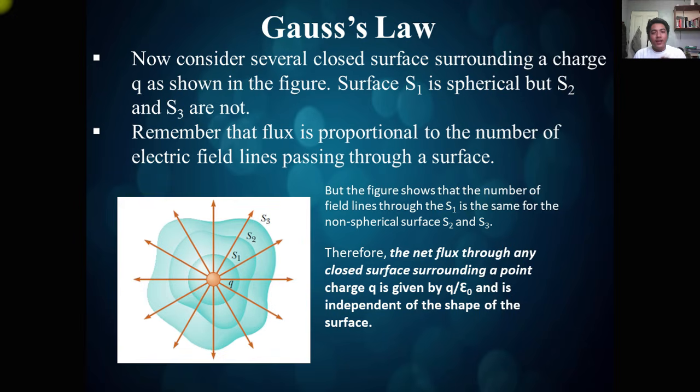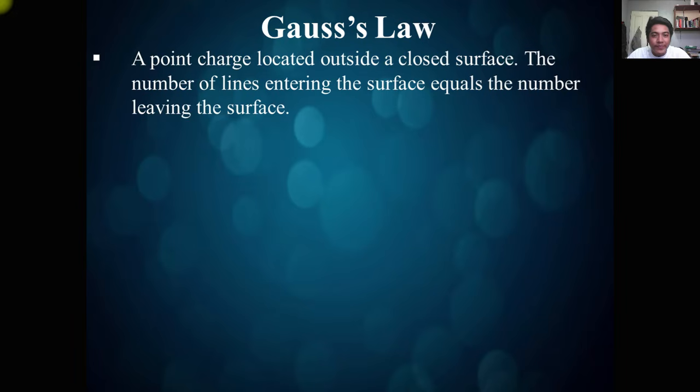So whatever shape it is, it may be a cube, it may be a circle or sphere, it may be an irregular shape, as long as that closed surface encloses a charge, our value for the electric flux is always Q over epsilon sub 0.